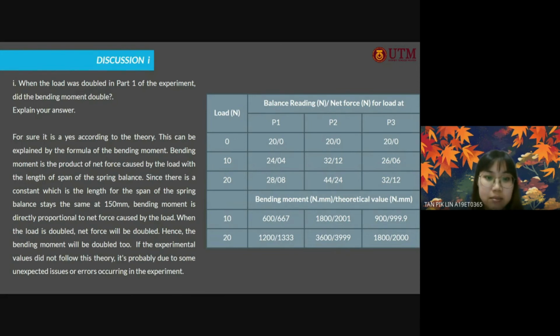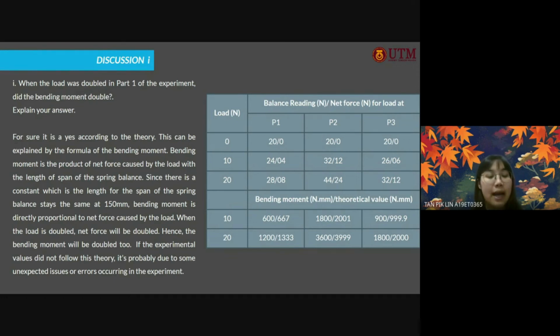The nearer the distance between the load and the balance, the higher the value of the bending moment. According to the result in part 2, the value of the bending moment increased when the net force increased. Therefore, we can conclude that the bending moment was affected by the position of the load as well as the net force of the load.